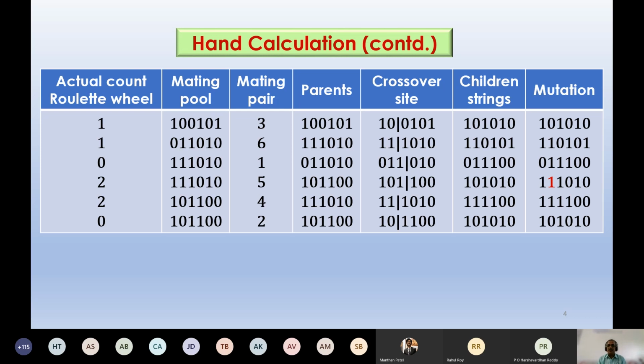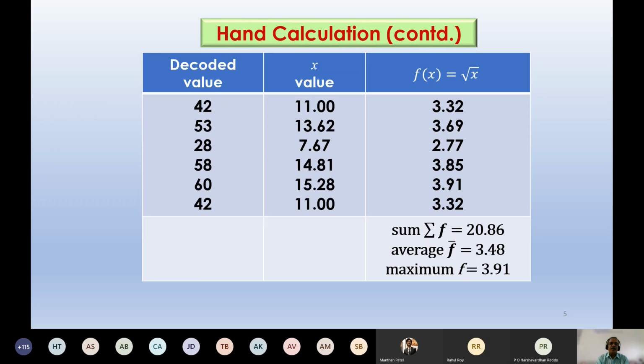And once you have got the whole population after the mutation, once again we can evaluate their fitness information. How to do? Once again you find out the decoded value for the GA string. Okay, so these are the decoded values like 42, 53, 28, 58, 60, 42, and so on.